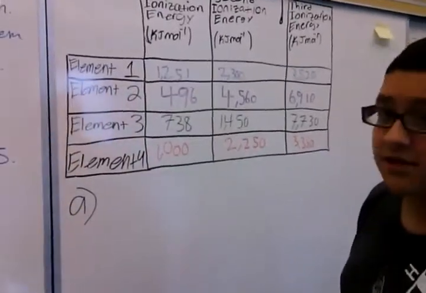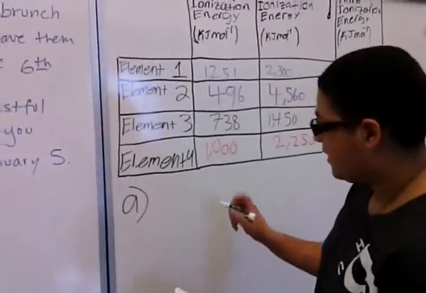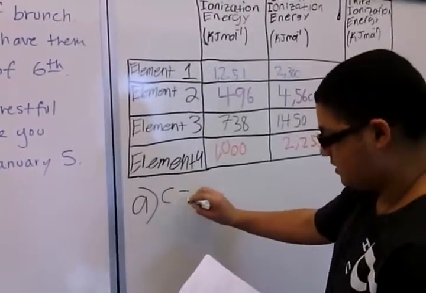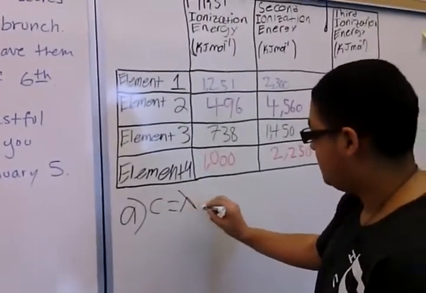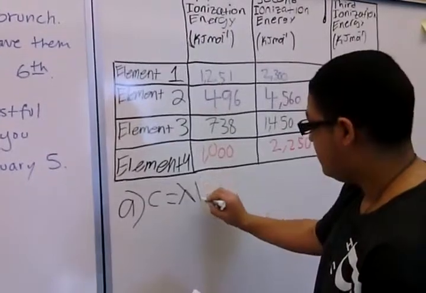Now, for this, we will need this calculation right here. c equals lambda times nu.